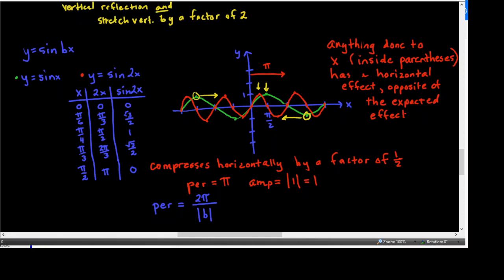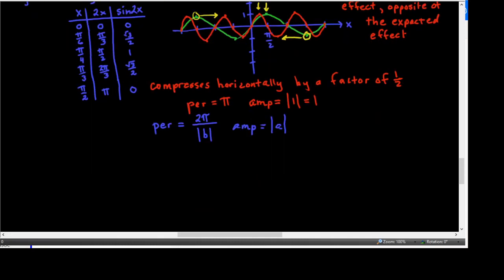Okay? It's a little bit more complicated than amplitude because remember amplitude, and this is a review, the amplitude is the absolute value of a. Really simple formula. The period is more complicated. It's the normal period 2 pi divided by the absolute value of b. Okay? So that gets us started with those two ideas.